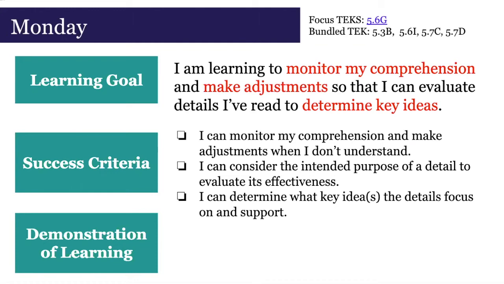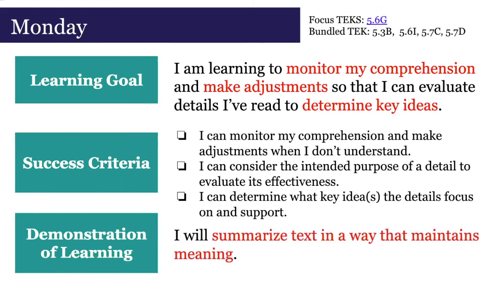I can consider the intended purpose of a detail to evaluate its effectiveness, and I can determine what key idea or ideas the details focus on and support. And you will demonstrate your learning by summarizing a text in a way that maintains meaning. Let's get started.